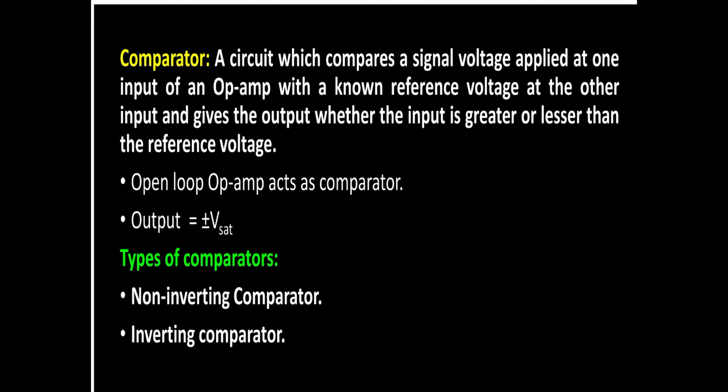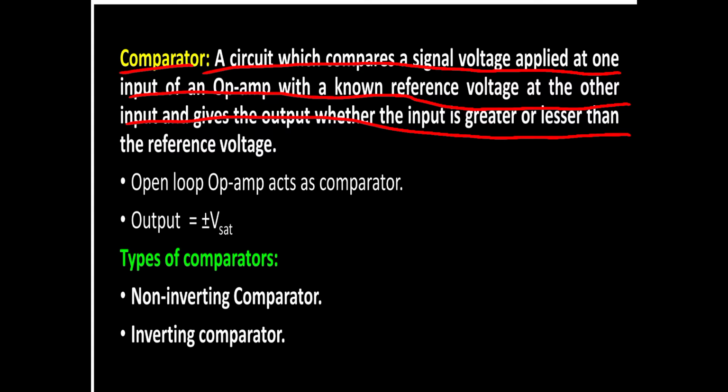First, see the comparator definition. A circuit which compares a signal voltage applied at one input of op-amp with a known reference voltage at the other input and gives the output whether the input is greater or less than the reference voltage. Here the comparator compares the inputs of the op-amp.